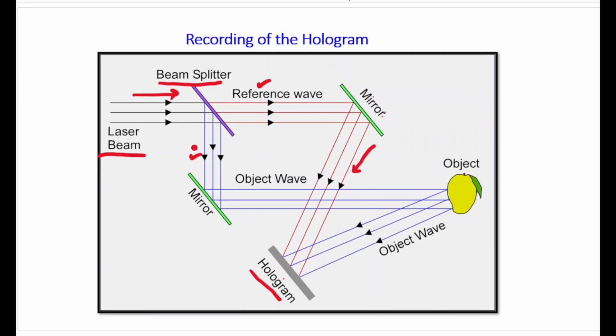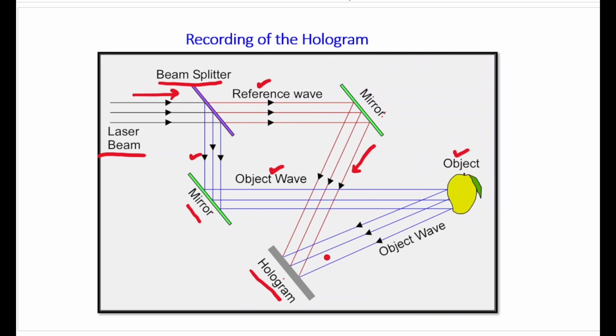The second wave, the object wave, is first incident on a mirror, and from that mirror it is directed to the object. From the object it goes directly to the hologram. In this way the laser beam produces two beams, the object beam and the reference beam.